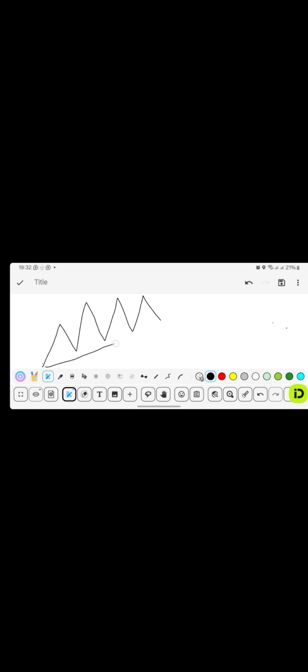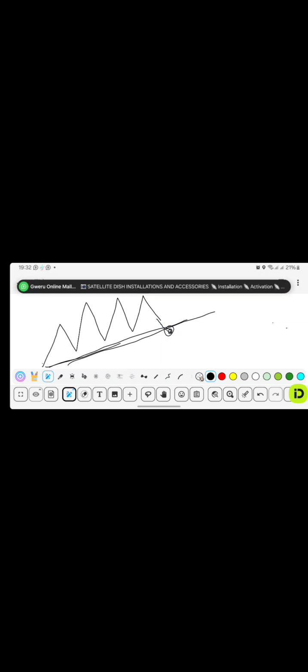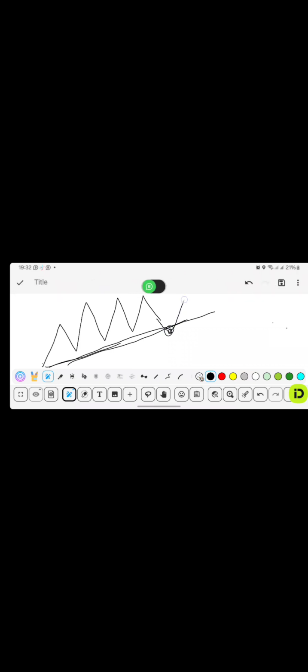After I draw my trend line like that, on the next move I'm going to wait for the market to come down and touch this trend line. Then I place my order there, I buy there, and then the market goes up. If it goes up like that, I'll then make money. That's the profits that we are looking for.